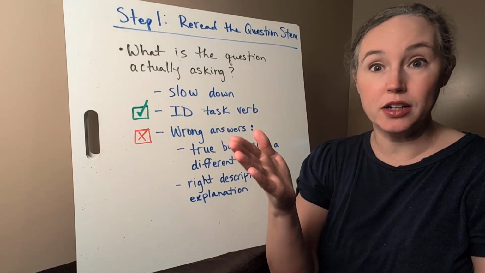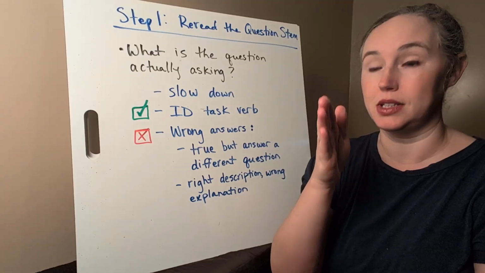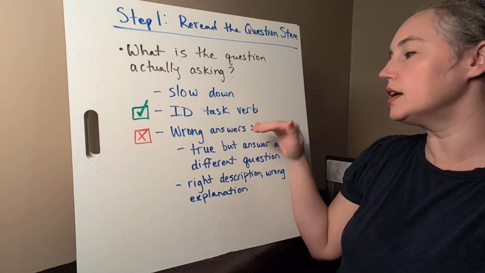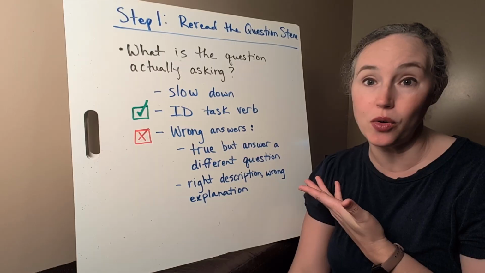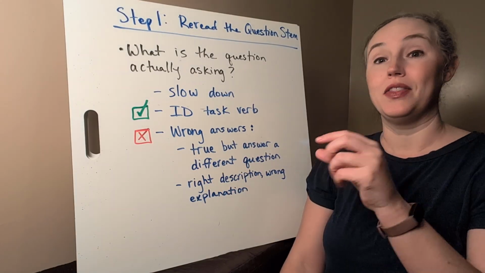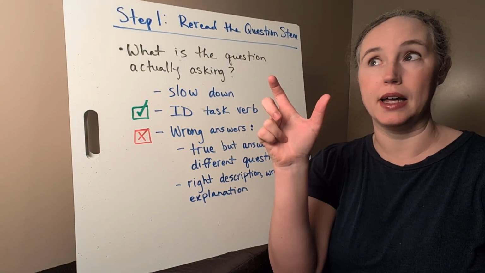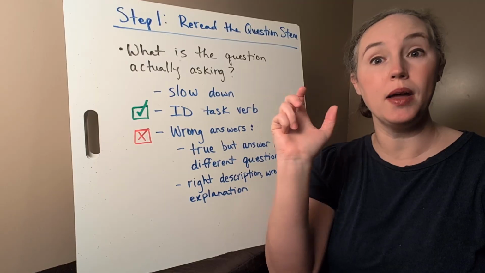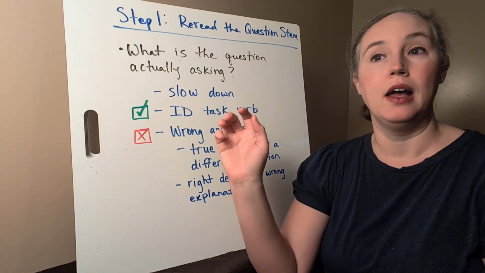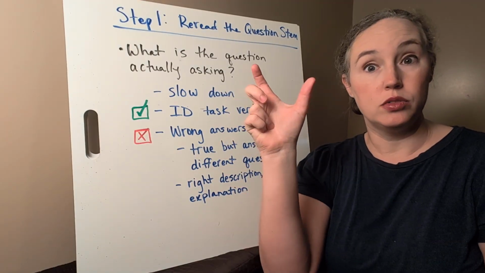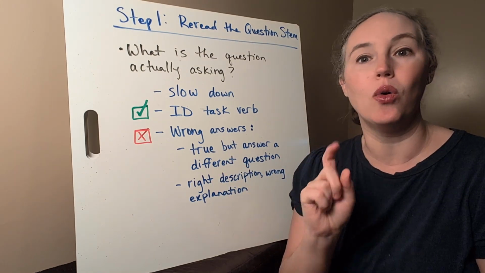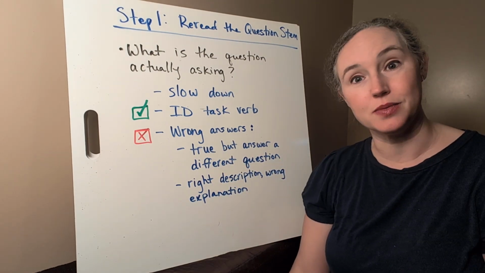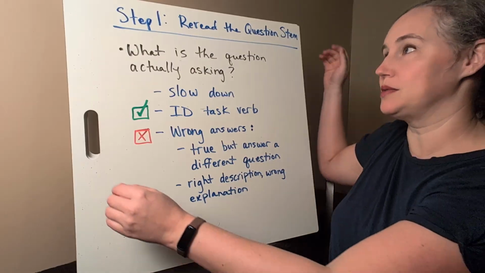So identify your task verb and choose that. Wrong answers will often be true, but answer a different question. If the question says describe and explain why, it might give you two things that correctly describe, but for the explain why, only one of them is the correct explanation. That's the one you'll choose.